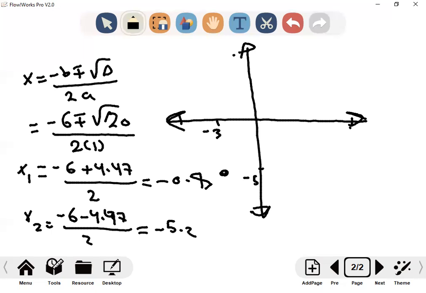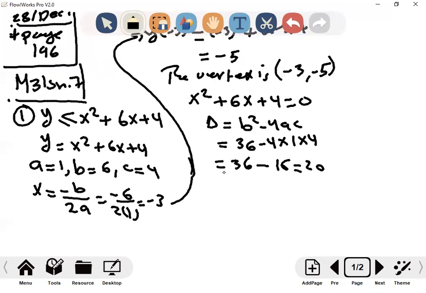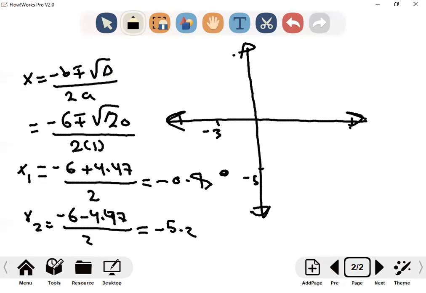Now, the second one we need to plot is the y-intercept. The y-intercept is how much? 4. See, this is 4. You look for y at 4. For example, here, this is the 4. Then you plot the intercepts, which are the two zeros or roots, right?